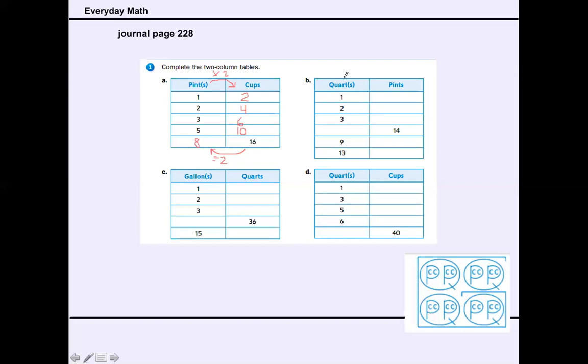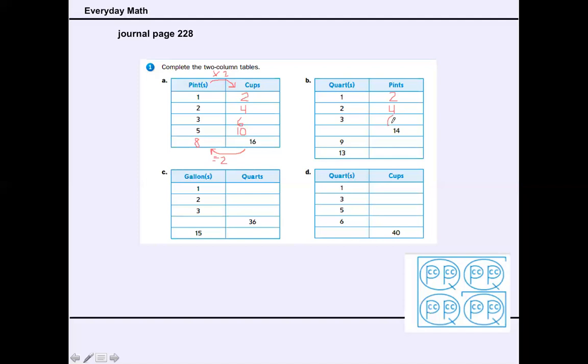For quarts, in 1 quart, or 1 Q, there are 1, 2 pints. In 2 quarts, or 2 of my Q's, there are 1, 2, 3, 4 pints. In 3 quarts, or 3 of my Q's, there are 1, 2, 3, 4, 5, 6 pints.